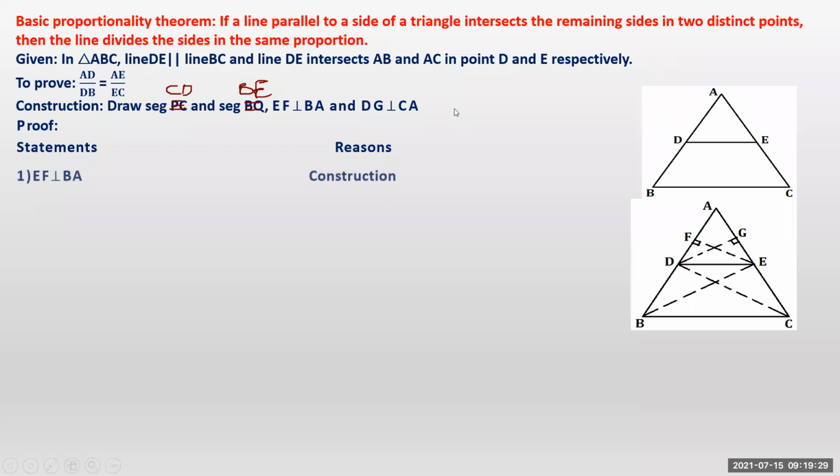Statements. Now EF is perpendicular to AB. This is by the construction.